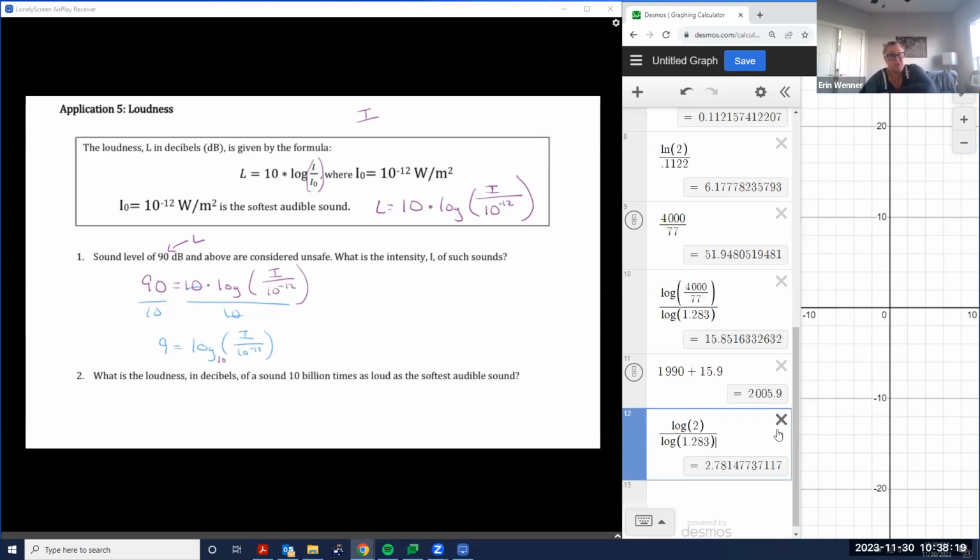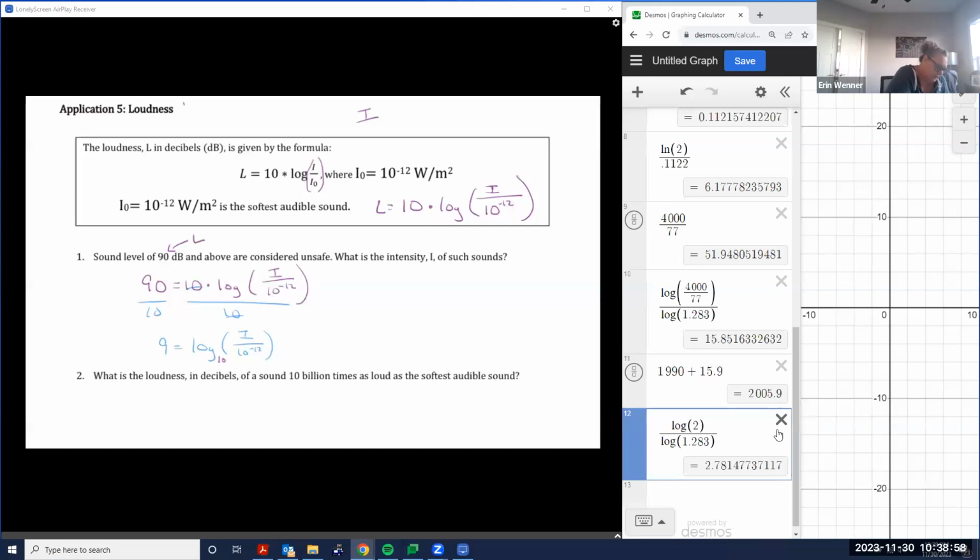Now, we want to switch this out of logarithmic format, right? And so remember, we're going to take the base of the log, 10, raise it to the power of the value that's being isolated on the other side of the equal sign, and that's equal to the amount that is in the log. So if we think back to our work that we had done previously, I just want to go back to what we already know.